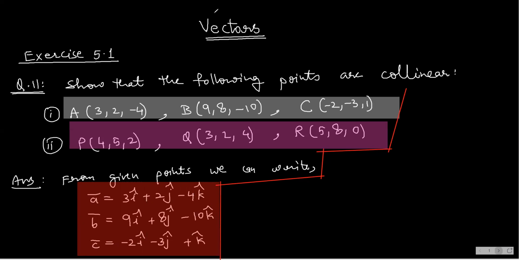See, you have found the position vectors of these 3 points in space. Try to understand. Suppose somewhere you have point A, and somewhere you have point B. What have you found? You have found the position vector. See, you found A bar. This is A bar.